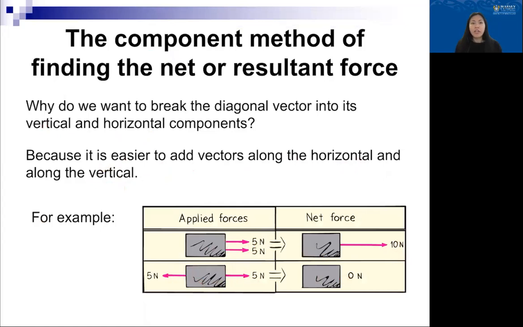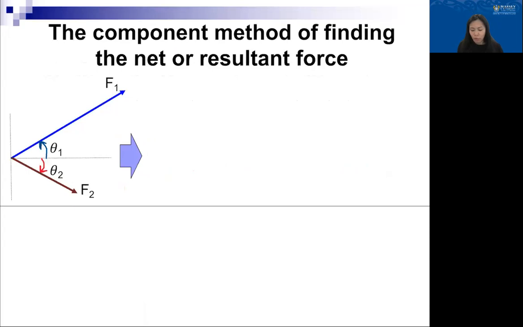All right. Okay, so now let's go to the method or the procedure for breaking down the diagonal vector into its horizontal and vertical components. So we again have these two vectors that are diagonal. You look at one vector at a time.